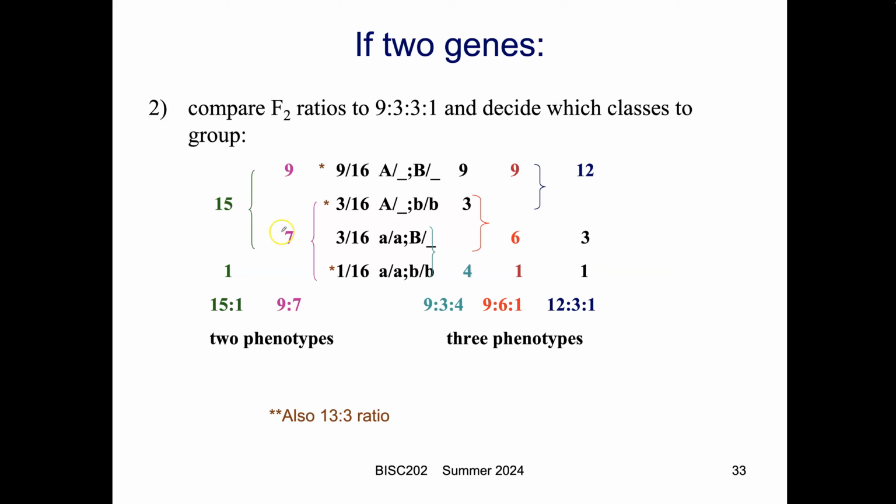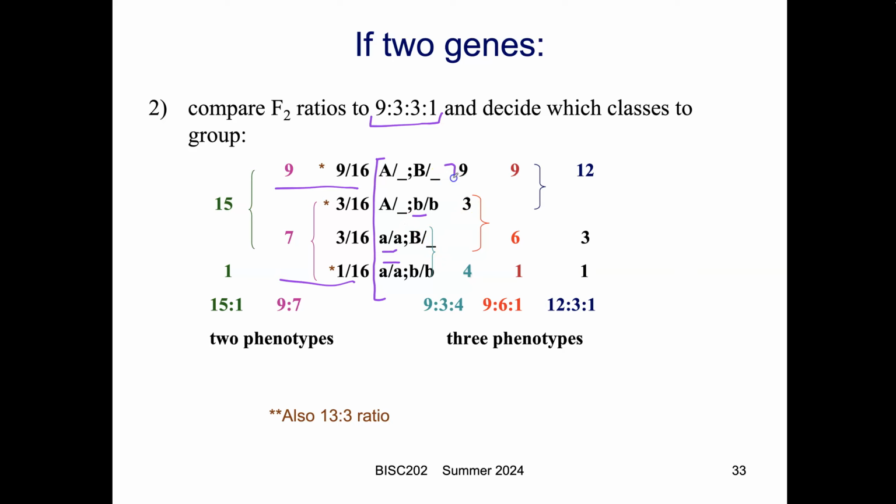And then once you've done that, if you've decided that it's a modified dihybrid ratio, then you just write out the genotypes for the 4 different categories, and then figure out, like if I'm seeing 9 to 7, then I know that this is all one phenotype and this is all another phenotype. And that suggests that a homozygous mutant for either of the genes is giving you the same phenotype, and you could make a reason for that.